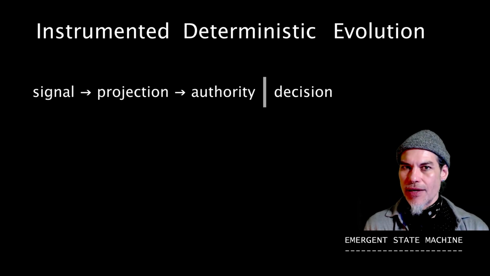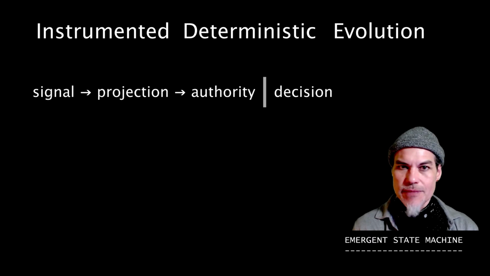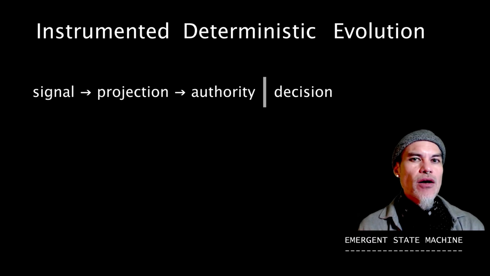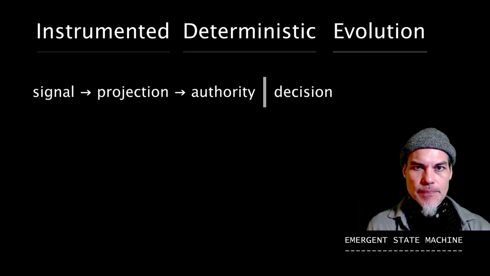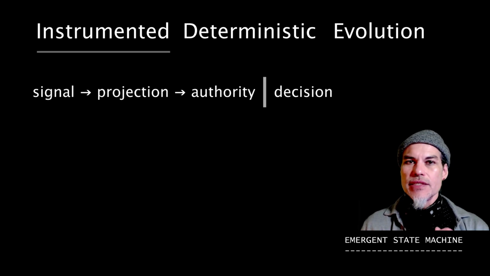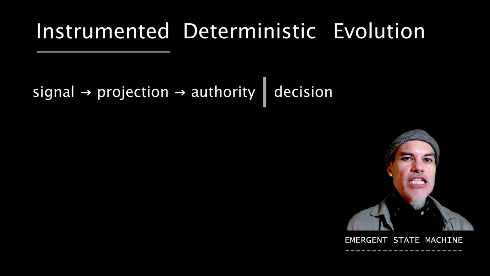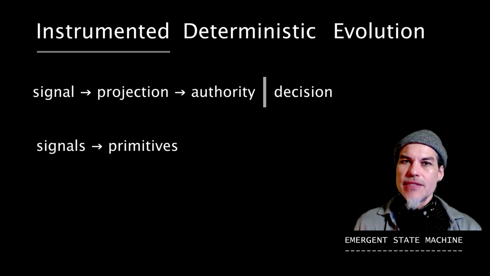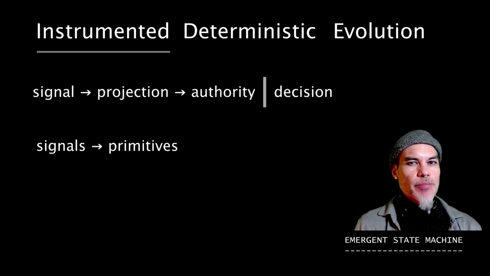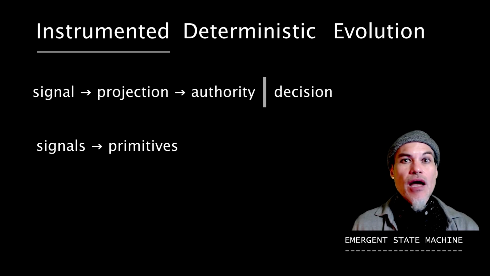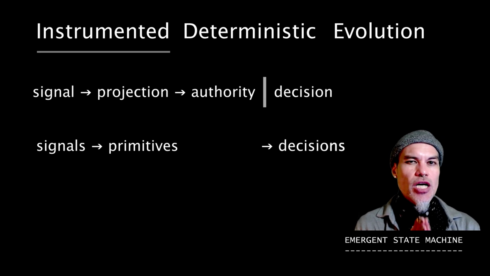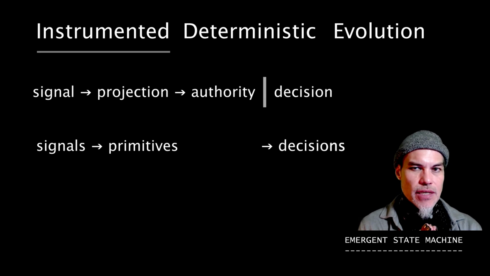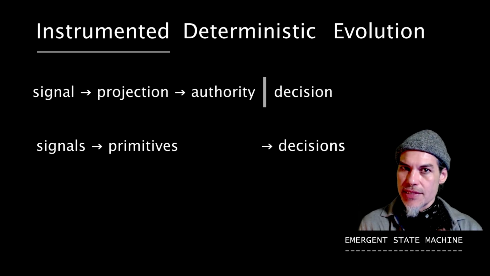A natural consequence of structuring systems this way is what I call instrumented deterministic evolution. It's instrumented in the sense that each turn records signals observed, interpretation applied, authority authorizing the decision. This means instrumentation occurs at the decision boundary, not only the sensory boundary.